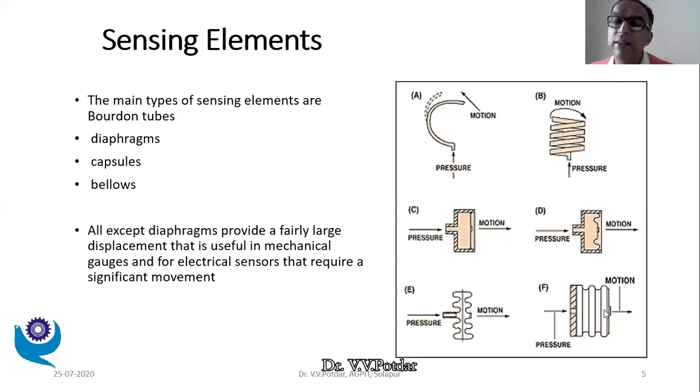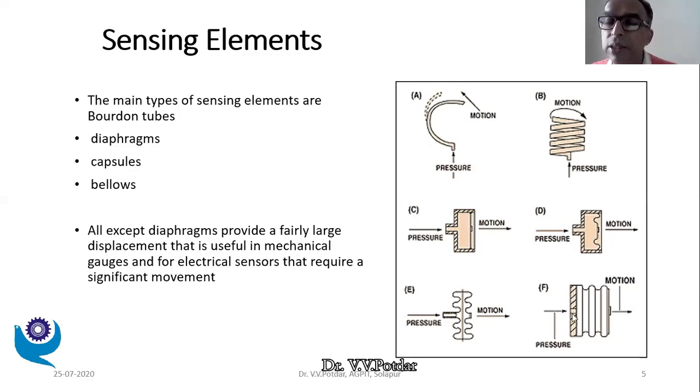Another end is the expanding end, and one is the fixed end. And through this port, the fluid whose pressure is to be sensed or measured is getting inside the bellows. And with the application of pressure, these bellows, because of the elastic property, expand and move in this direction.